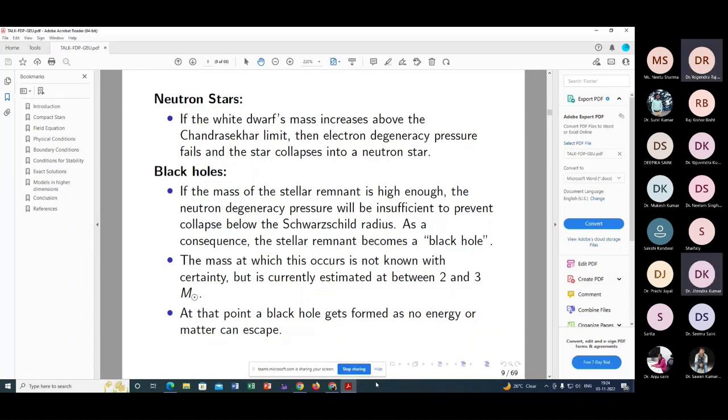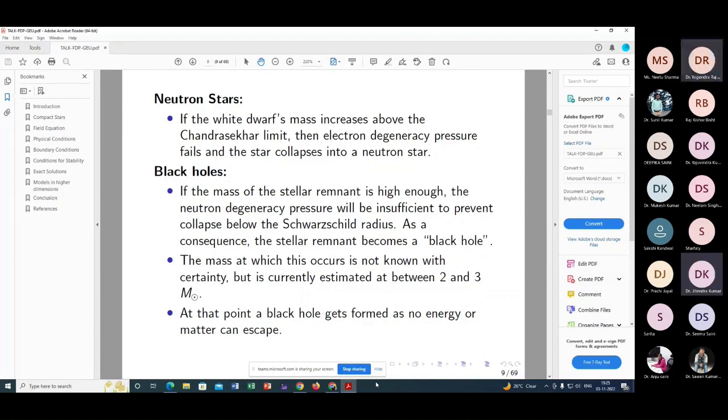And when the magnetic poles of these rapidly rotating stars are aligned with the Earth, a pulse of radiation can be detected in each revolution. Such neutron stars are called pulsars.